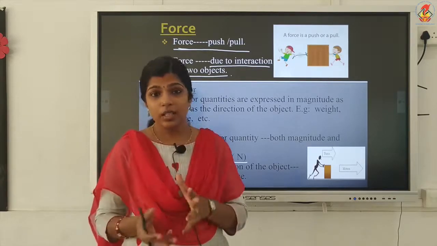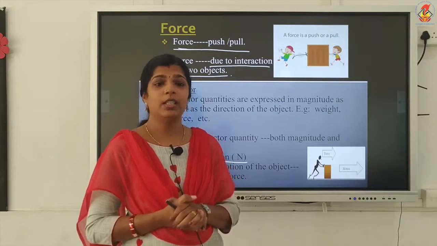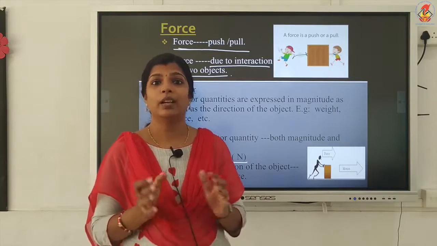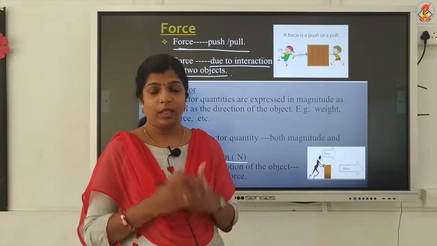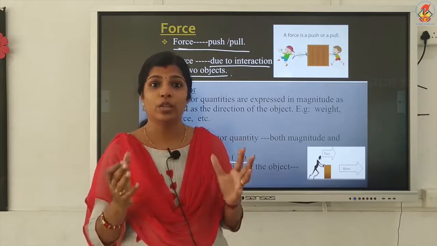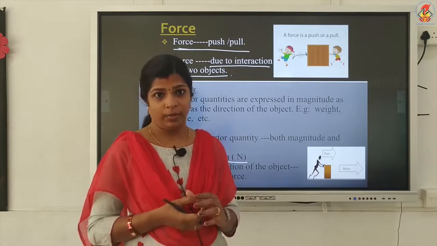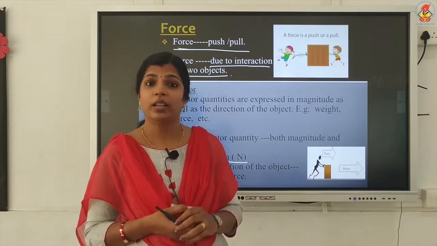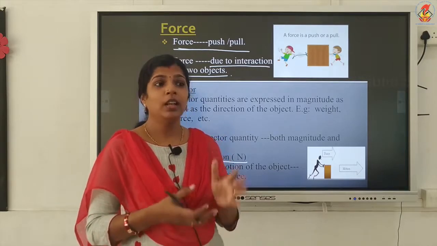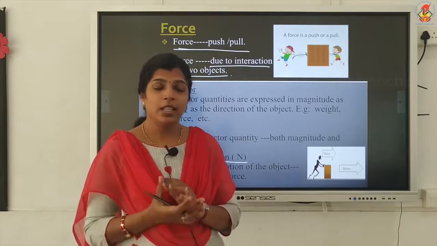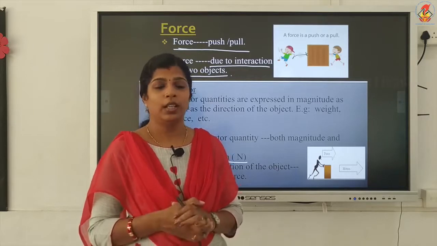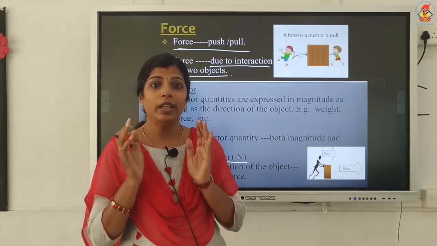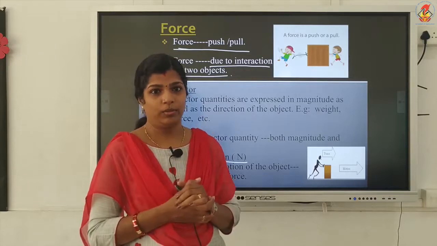Vector quantity means it has both magnitude and direction. The quantities which have both magnitude and direction are known as vector quantities. The other category is scalar quantity, which has only magnitude.